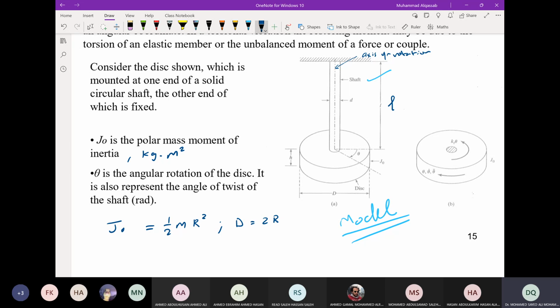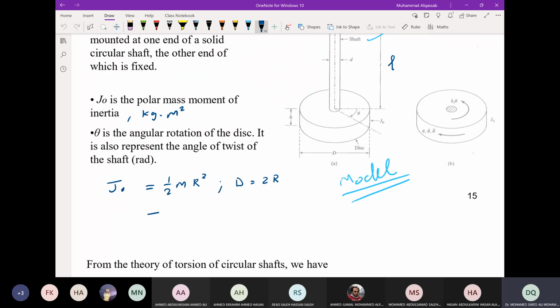That is for uniform shapes. You can calculate, as you did in statics, the moment of inertia. What you did in statics was for areas given for certain regular shapes. Otherwise you need to do the integration, or you use the radius of gyration. So J is also written as k o squared times m.